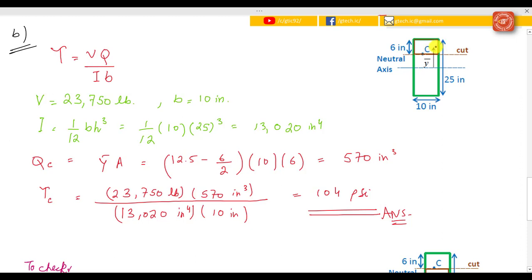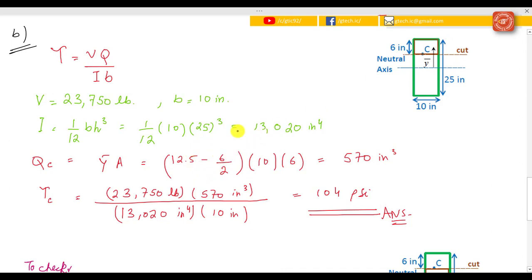We can find this centroid by simply calculating 12.5 minus 6 divided by 2. We know that the distance from this point to this point is 6 inches, and the center of this would be its half, so it's 6 divided by 2, and the distance from this point to this point is 12.5 as already told.